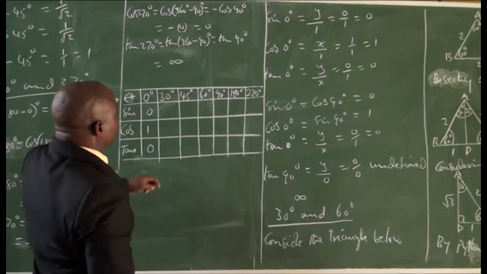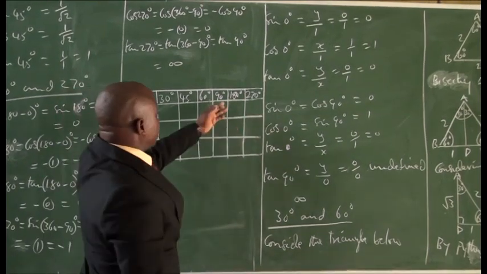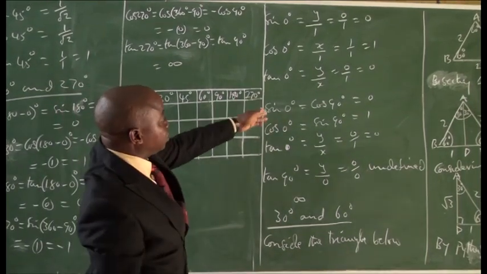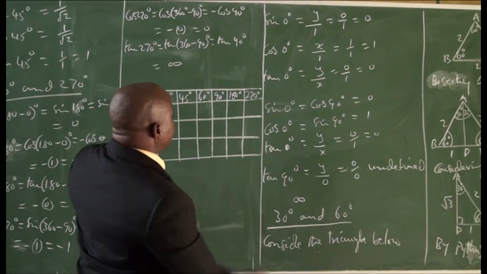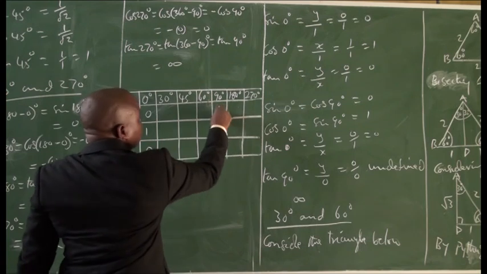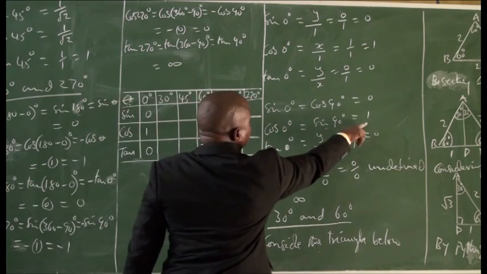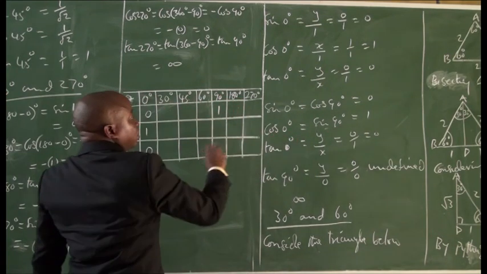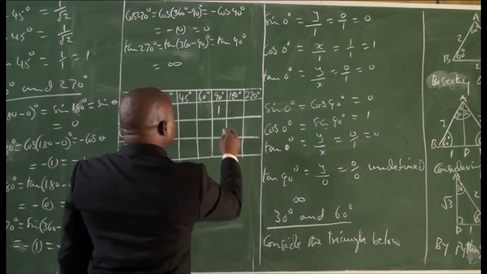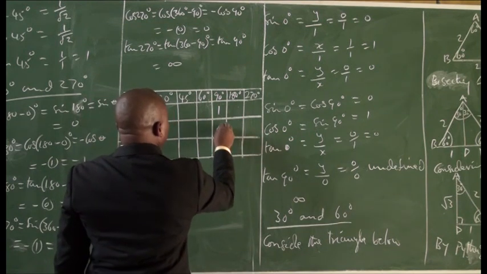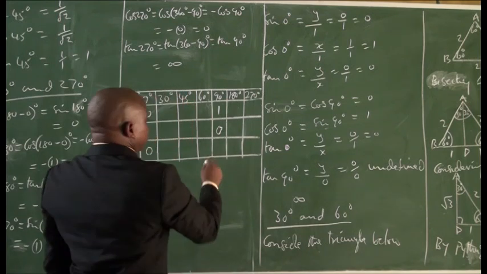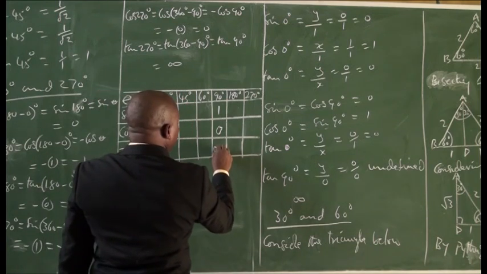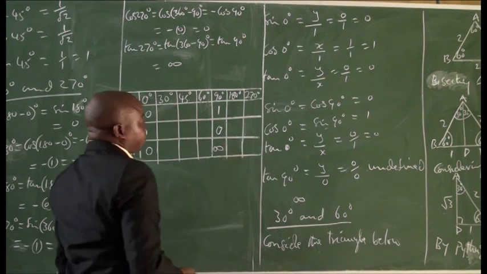Then let's read 90 degrees, because we're using 0 and 90 first. Sine 90 degrees is 1. You can see sine 90 degrees being equal to cos 0. Then cos 90 degrees is 0. Tan 90 degrees is undefined. It's not defined at that point.